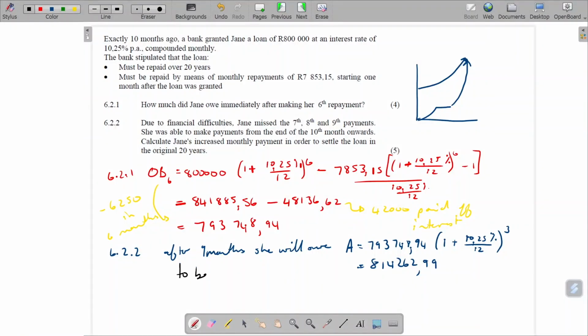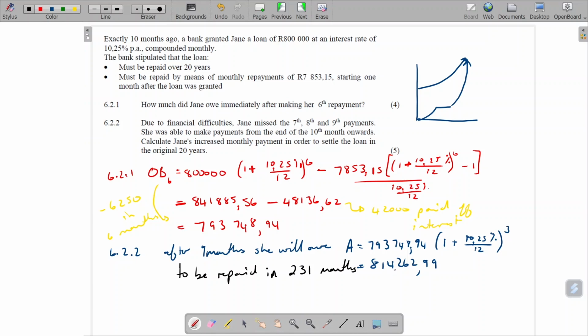Now, if she was taking the full 20 years, so 240 months to repay this, she was paying back 7,800 rand per month. But now, due to the fact that we already have wasted 9 months, we now know she has to repay this in only 231 repayments.